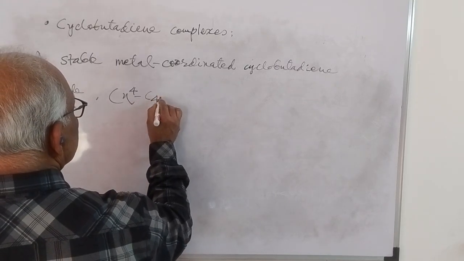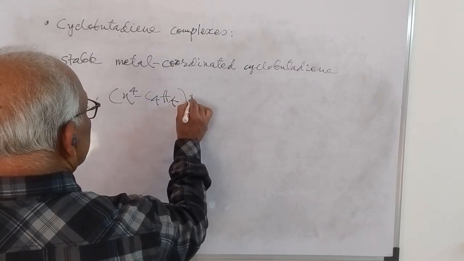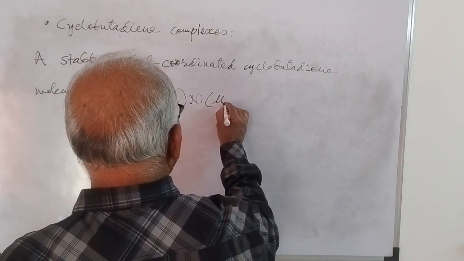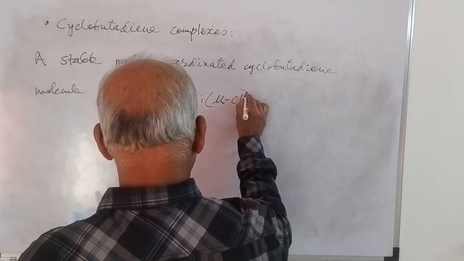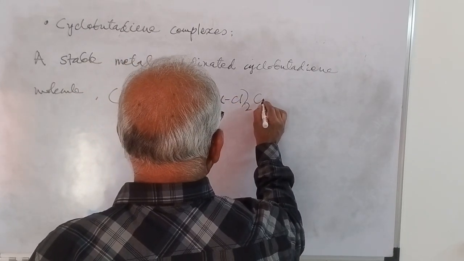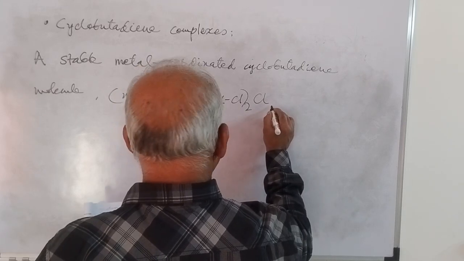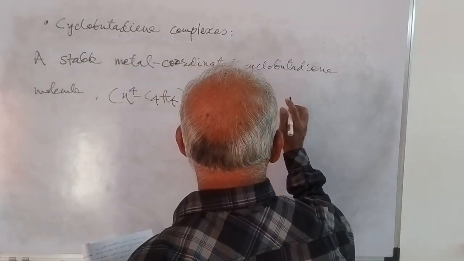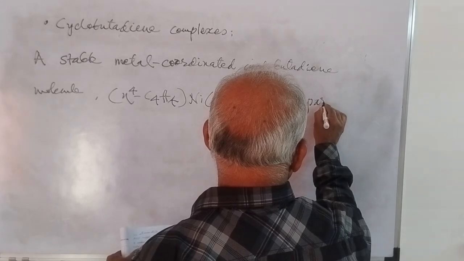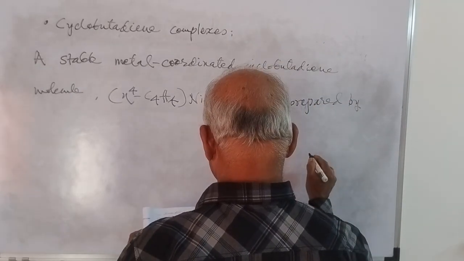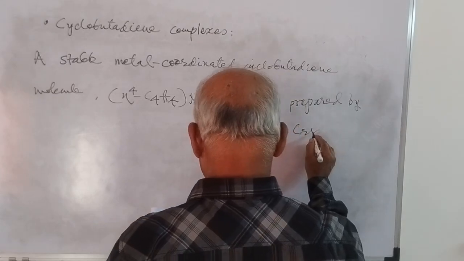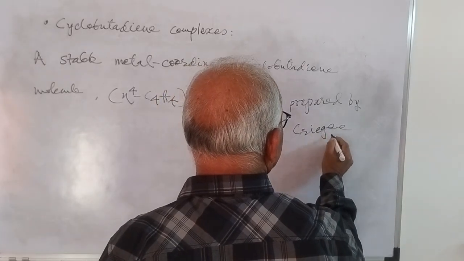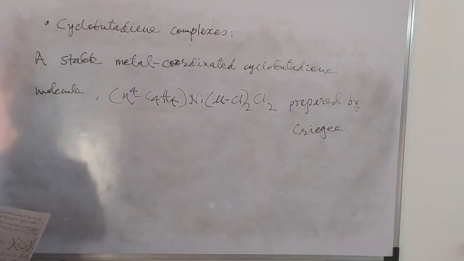So eta 4 C4H4 nickel, and in addition it has 2 bridging chlorides and 2 non-bridged chlorines. This was prepared by Grignard in 1959.